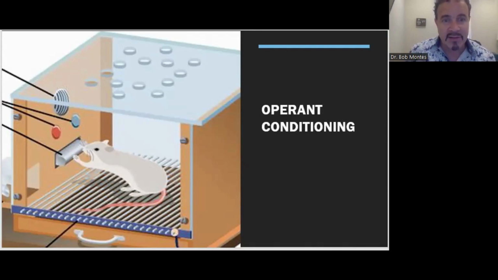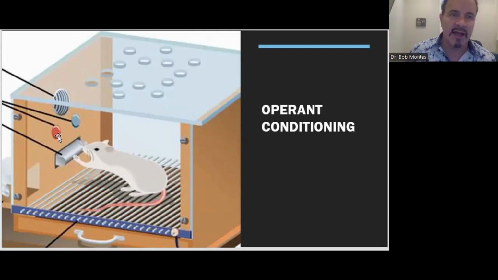So our actions on the environment and the consequences of the actions make up an important part of the learning process. If you look at this particular picture of this mouse or rat in this box called a Skinner box, this rat will press the lever and receive a reward. Over time, the rat is taught to press the lever during certain conditions.